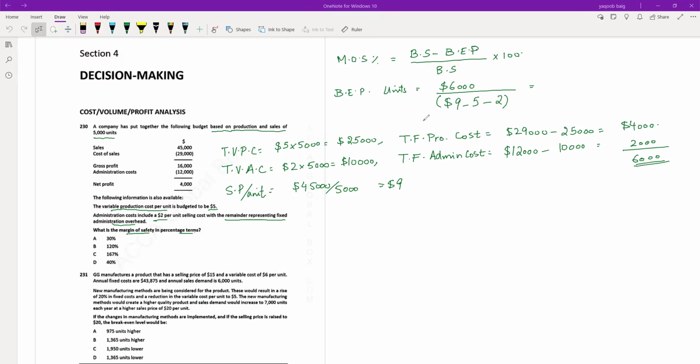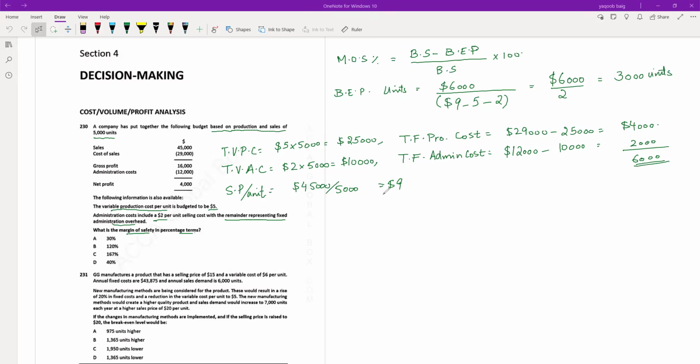So we have 9 minus 5 minus 2, contribution of $2. So 3,000 units is break-even point units.